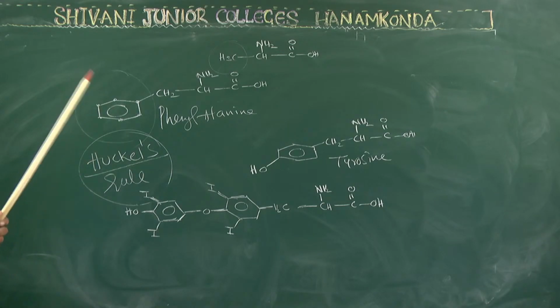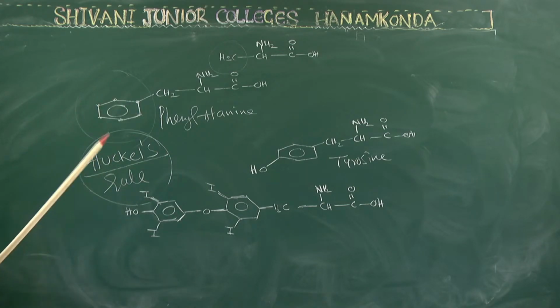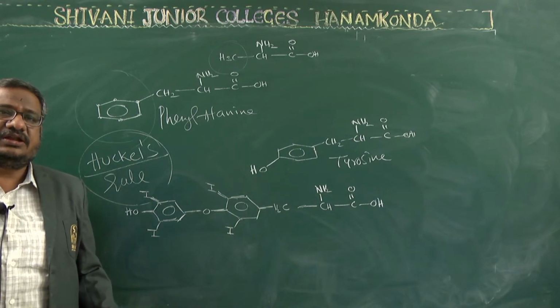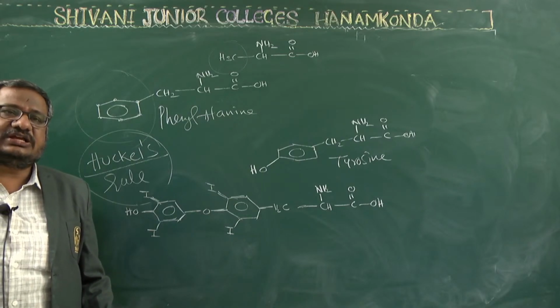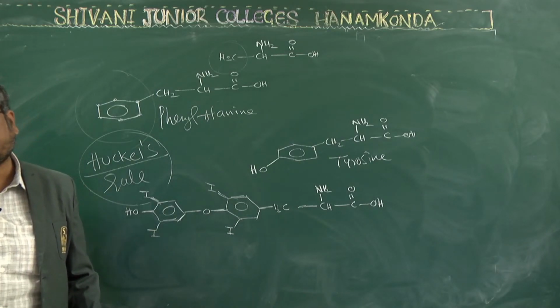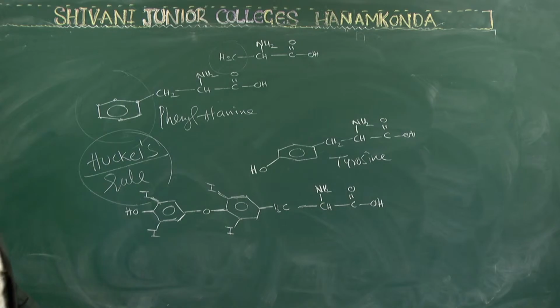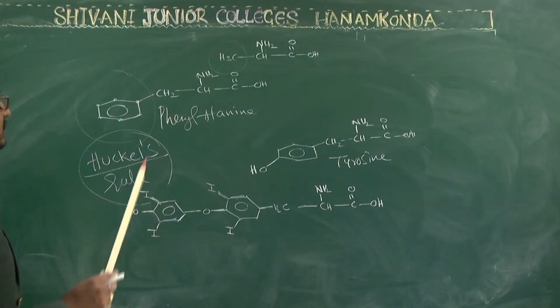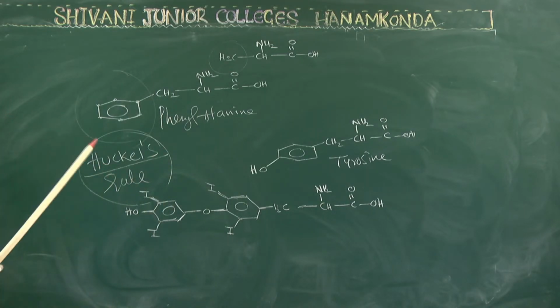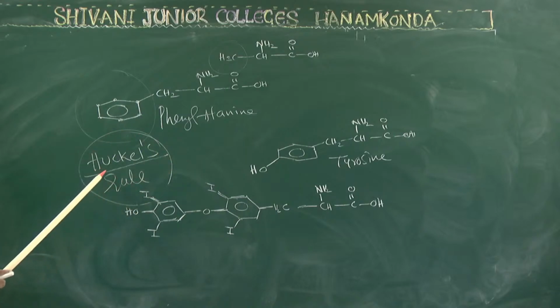Once again, what types of amino acids are these? Aliphatic amino acids and aromatic. Aliphatic means open chain compounds, and among them there are essential, non-essential, neutral, acidic and basic natures, and also sulfur containing amino acids. The next one is aromatic amino acid. Aromaticity means the compound obeys Huckel's rule, which I think you know very well.